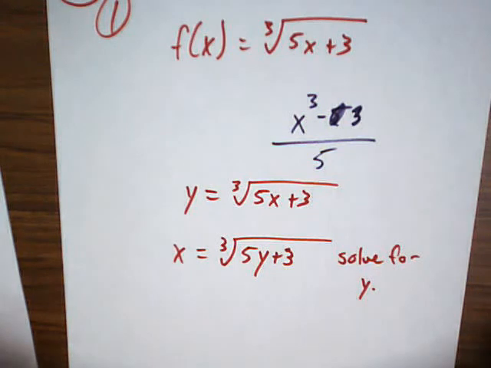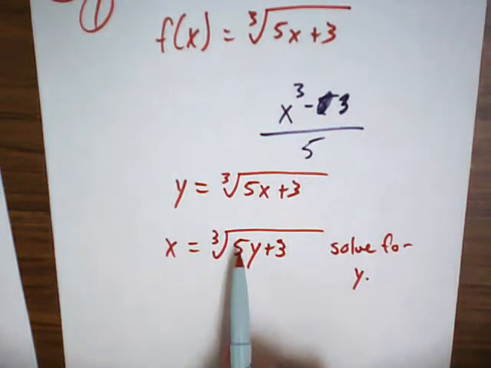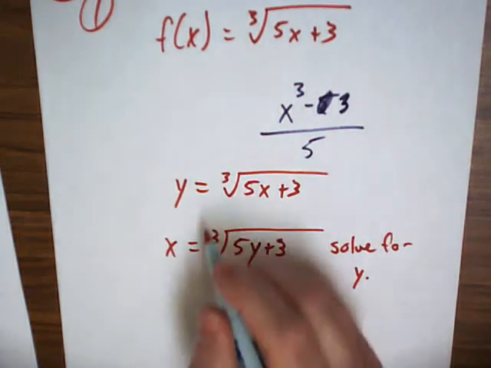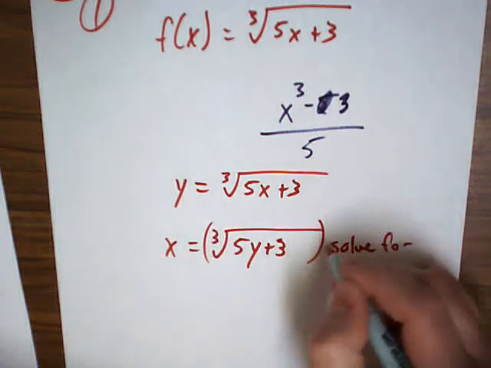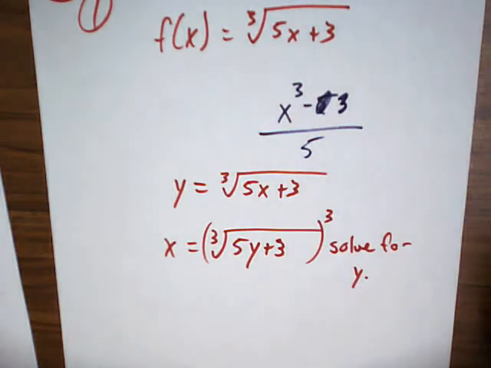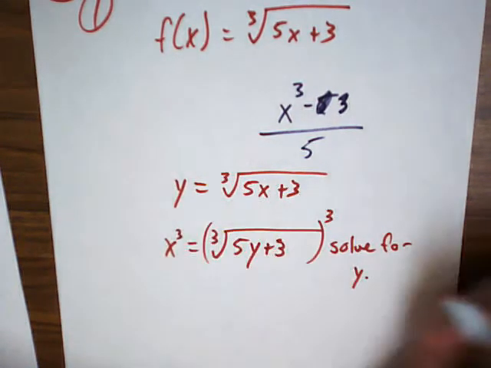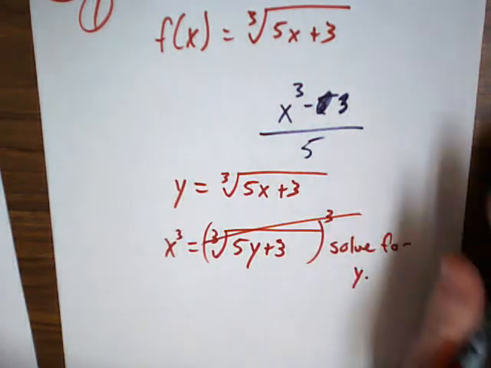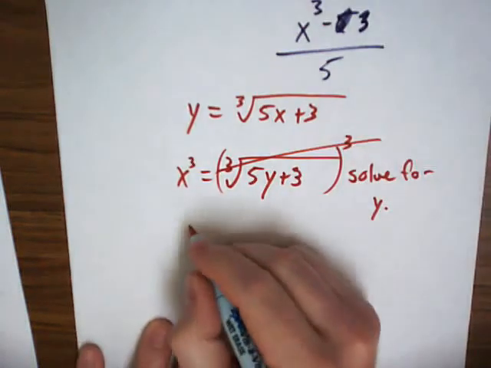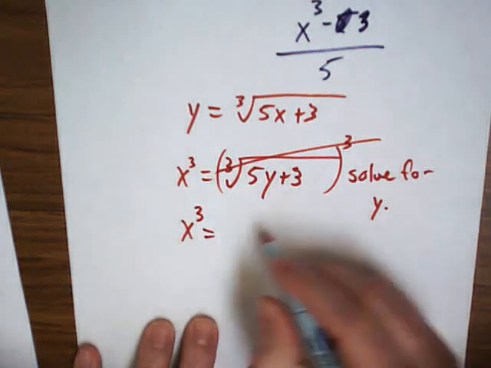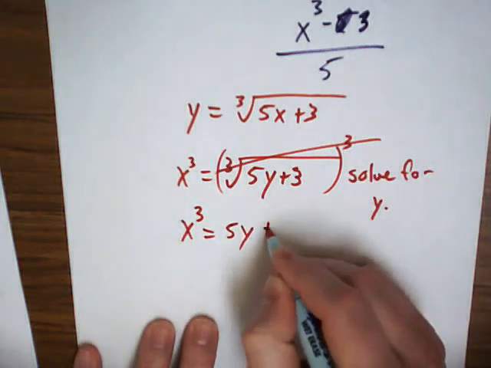It's going to force me to undo the first thing, and then undo the second thing, and undo the third thing. So if I solve for x, to get rid of the cube root, you take the power of 3 on both sides. So you're left with x cubed equals 5y plus 3.